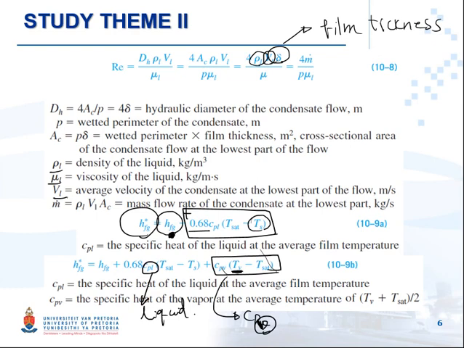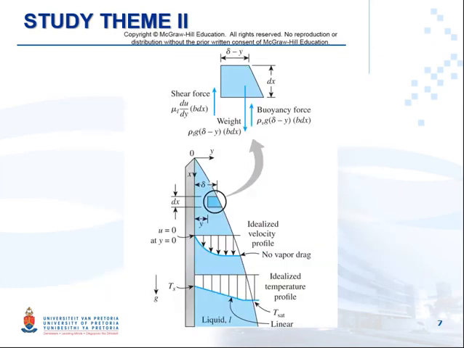Now we are going to discuss relations for the average heat transfer coefficient H for the case of laminar film condensation. So very simple one, just laminar. Let's first start with the vertical plate. This picture shows a vertical plate of height L that is maintained at a constant surface temperature Ts and exposed to vapor at saturation temperature T sat.